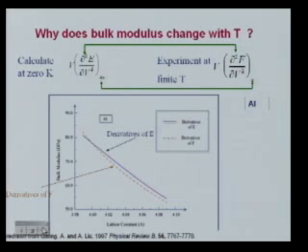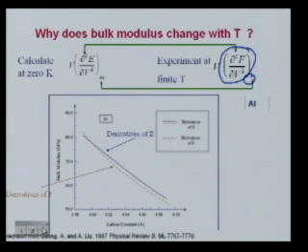The bulk modulus is defined as the second derivative of the energy with respect to volume. But there are some subtleties there. Correctly, it's the second derivative of the free energy with respect to volume. Okay? Now you have to evaluate that derivative somewhere. You evaluate it at the equilibrium lattice constant.